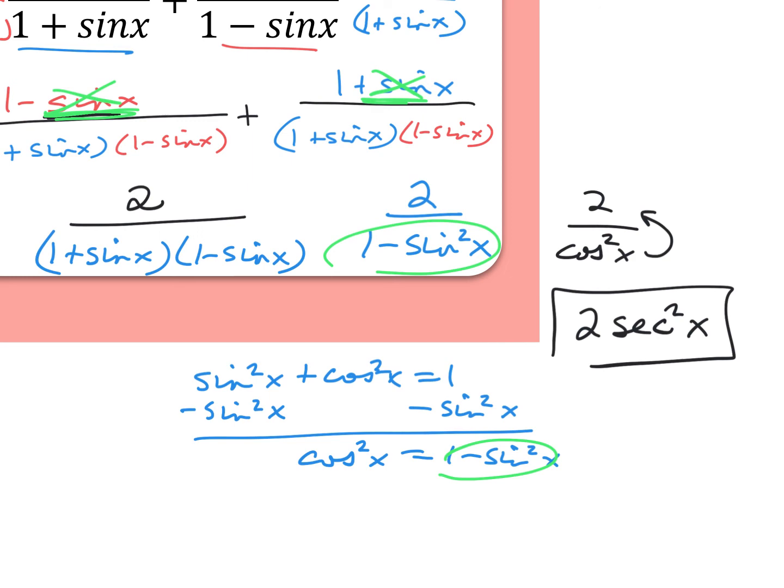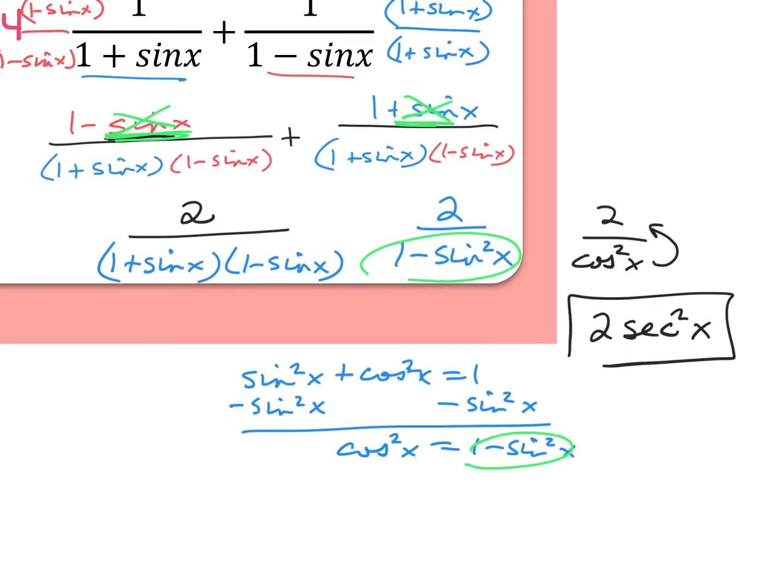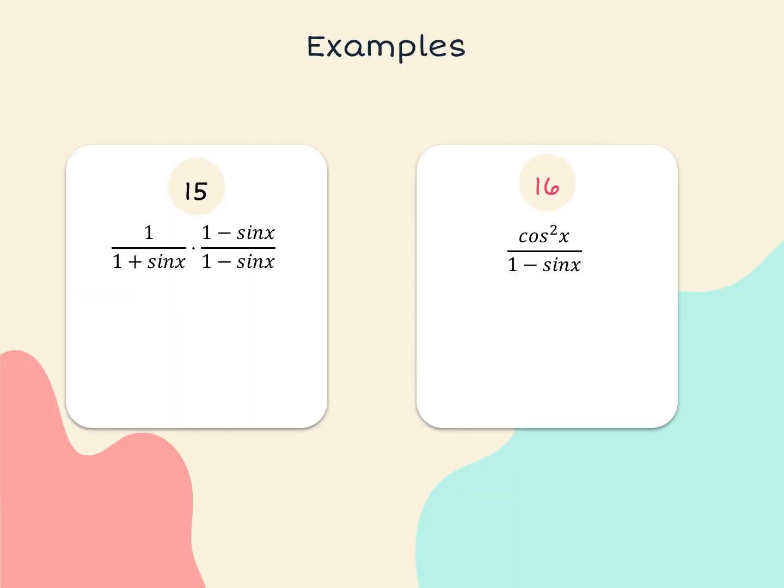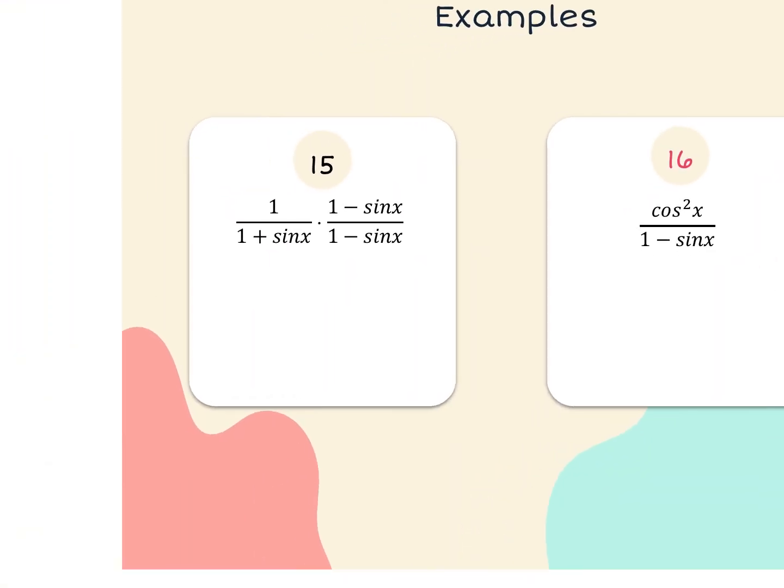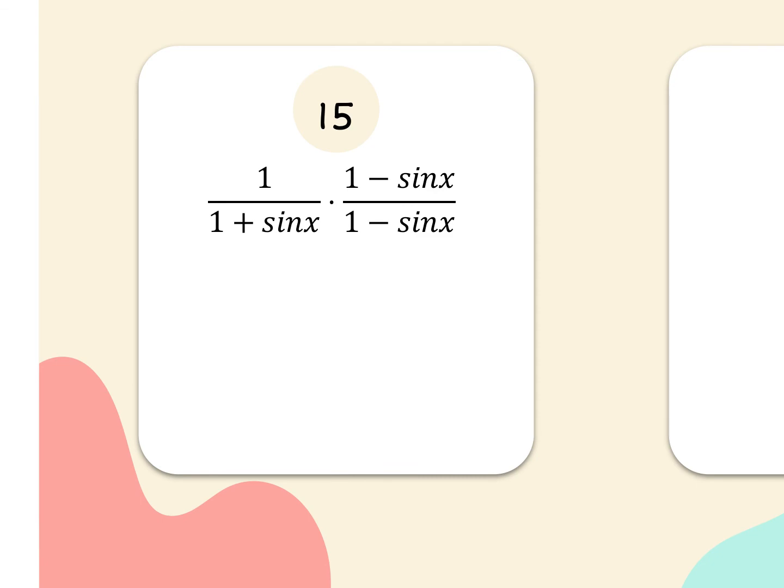Let's try 2 more examples. So notice here, what's happening is I'm actually just multiplying something by 1. So if I go ahead and just multiply this, 1 times 1 minus sine x is just 1 minus sine x.